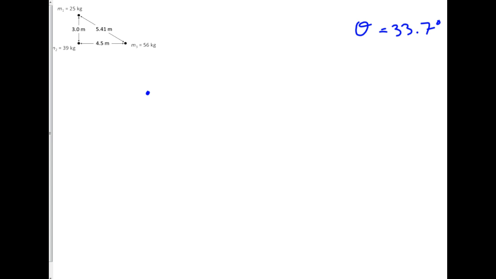Here's one point mass, here's another one, and here's the third. And here are the lines connecting the point masses. So there's the right triangle, M1, M2, and M3.